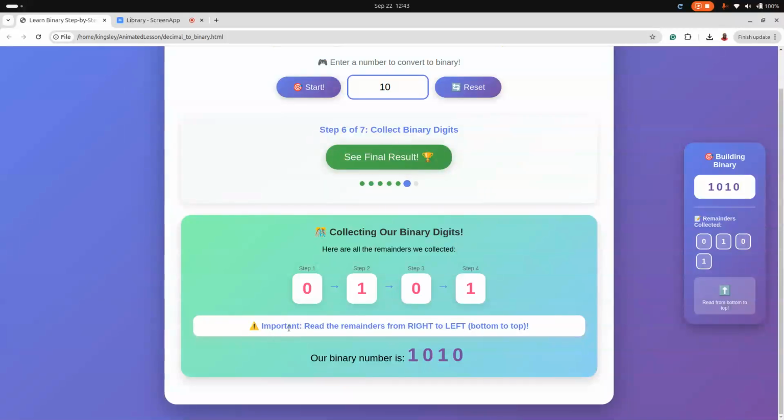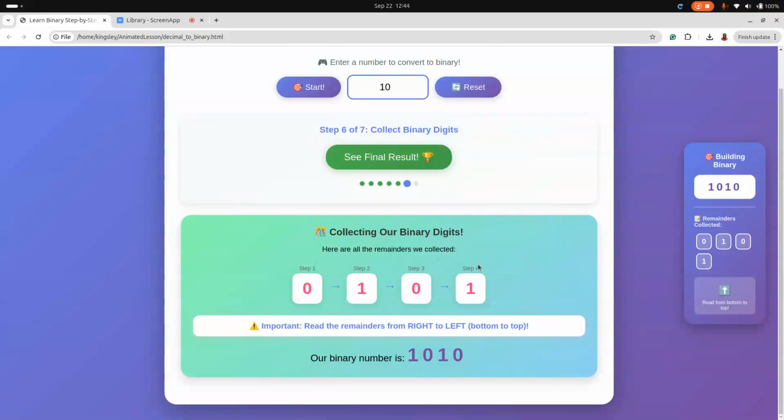Very important: read the remainders from right to left. Meaning, after you have collected all the remainders and listed them horizontally like this, you now need to read the number from the right to the left. Instead of saying 0, 1, 0, 1, you need to say 1, 0, 1, 0.